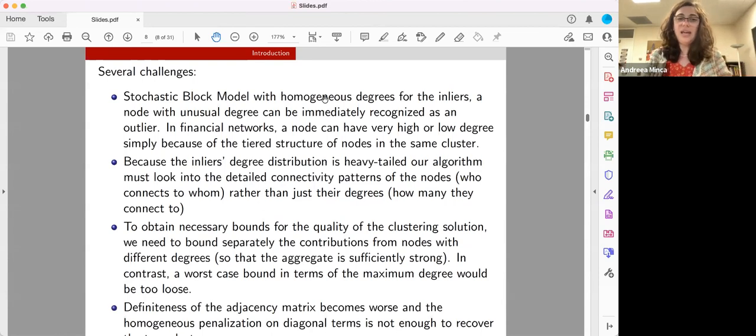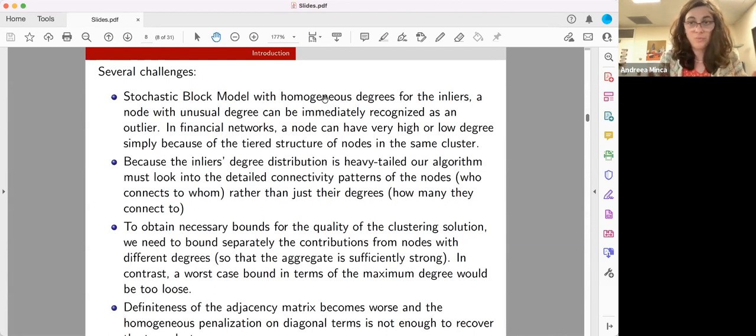In that case, if you don't have outliers, as soon as you observe that a node has an unusual degree with respect to the typical degrees of the inliers, you can immediately say it is an outlier. The problem we have in financial networks is heterogeneity. A node can have a very high or low degree simply because of the structure of nodes in the same cluster, and this heterogeneity is normal for the cluster.